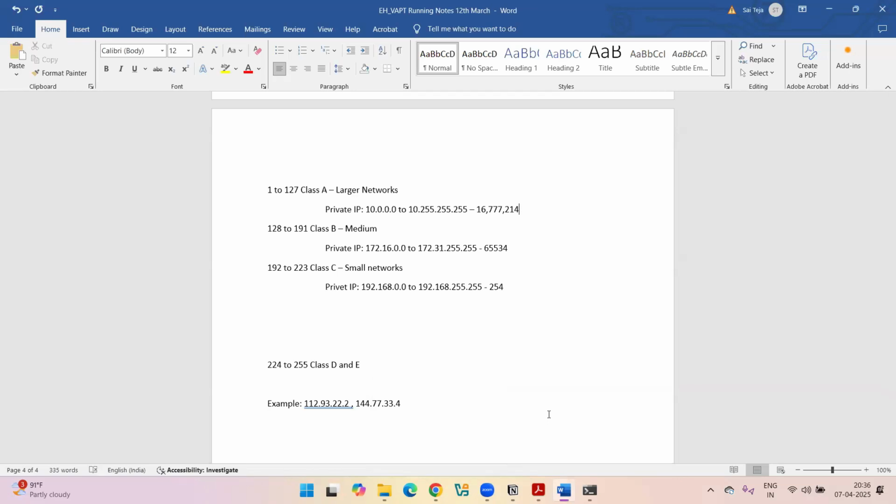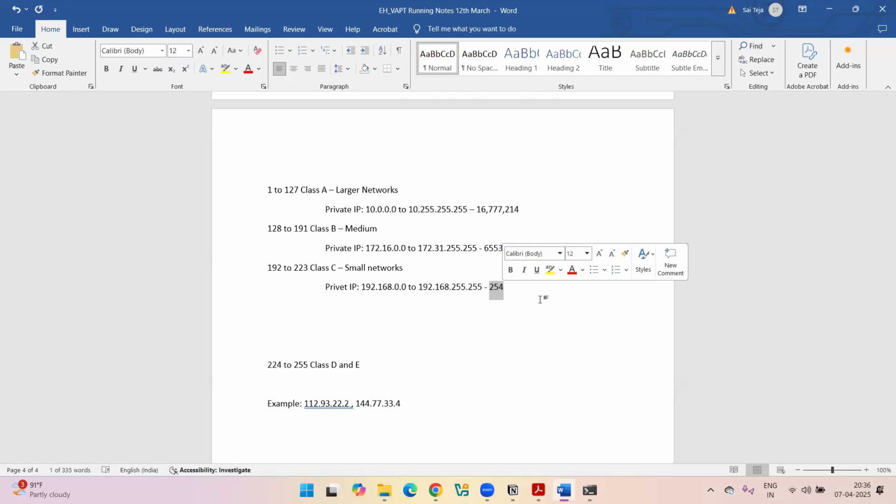There is a different topic altogether. But at a high level, if you know what subnetting is, that is well and good. Subnetting is basically dividing the network with these IP ranges. For example, I want 2 subnets out of these 254, so I'll divide it as 128, 128.